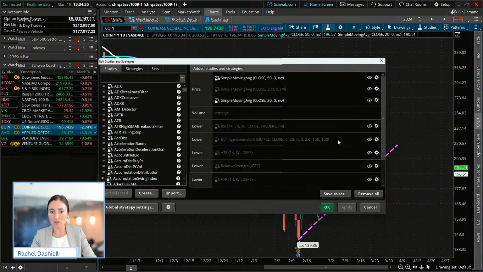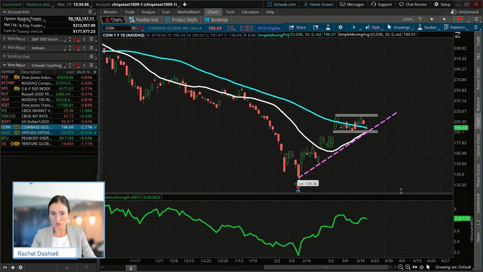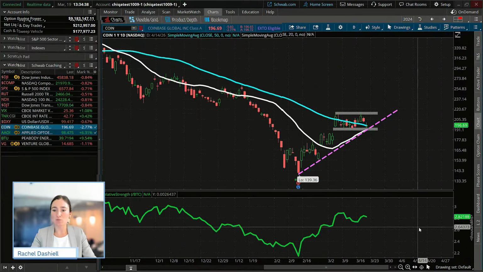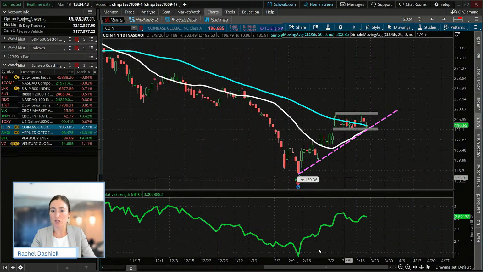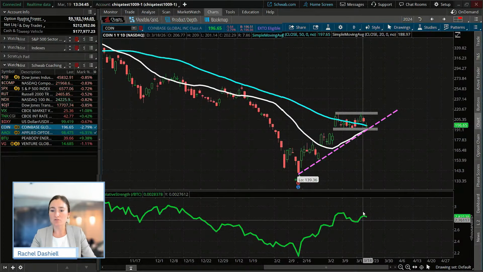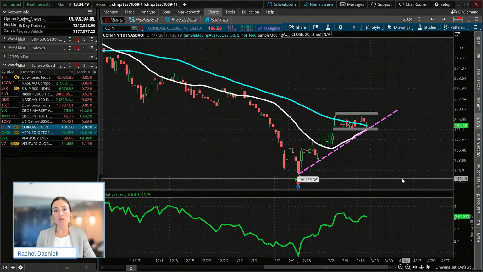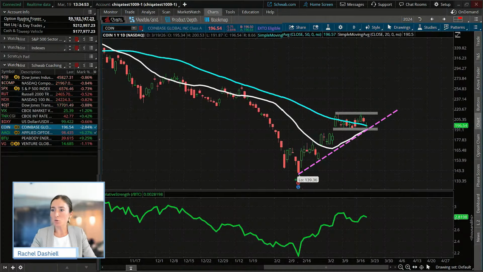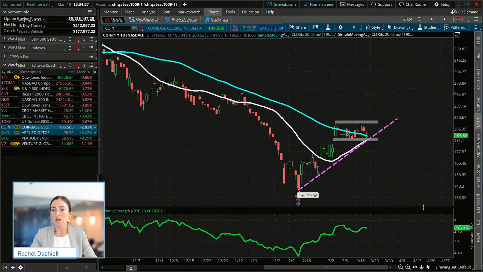We're going to look at relative strength versus, let's say, Bitcoin in this case. So we're going to look for relative strength, use that as a proxy, use that as a benchmark, and we can see as the trend has been moving up, we've seen some strength in relative strength against the benchmark with Bitcoin here. So that was one of the things we talked about we're going to focus on in this type of environment. Another one is we're not going to take aggressive trades.